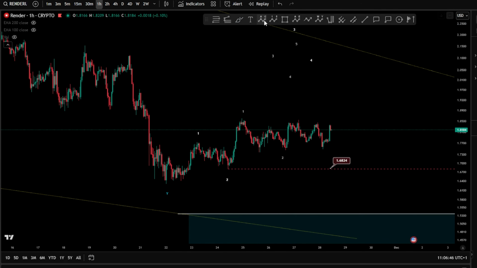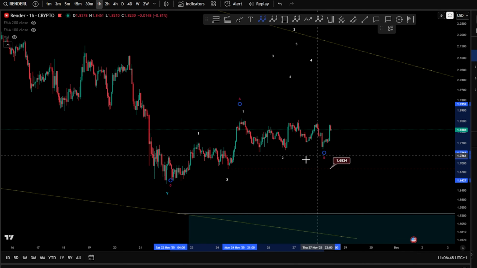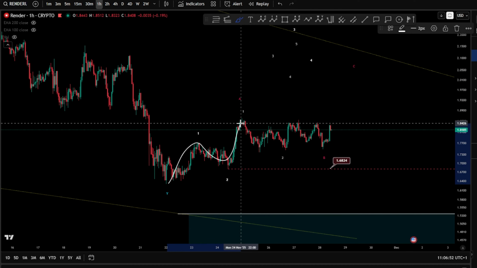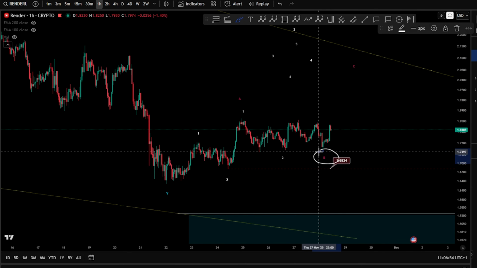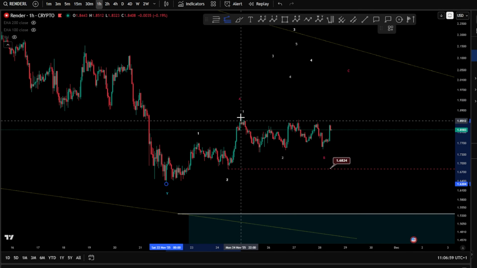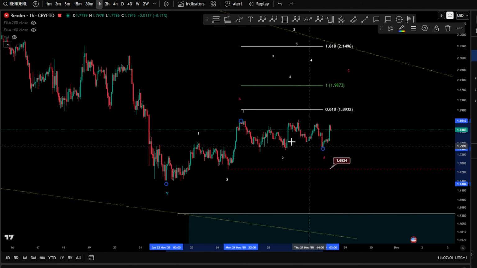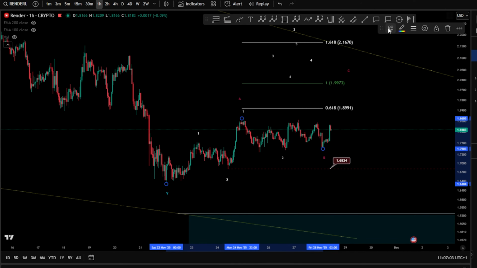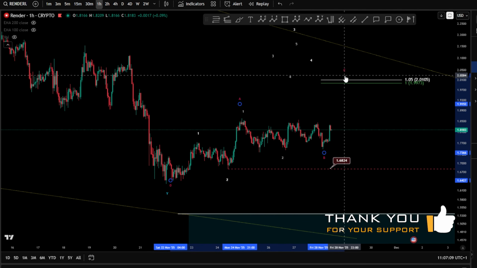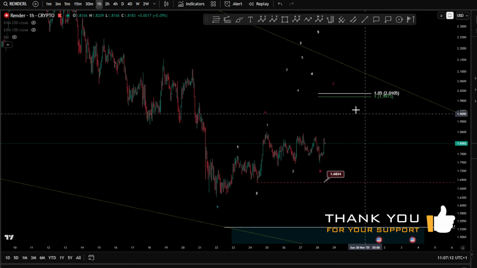Therefore, this makes it, at the end, an A, B, and a C, meaning simply a wave B here, and you might be looking for a wave C still, which can reach this target as a 1-to-1 fib level, as a regular flat wave C. We might seek after the 1.99 or $2 exactly over there for Render.